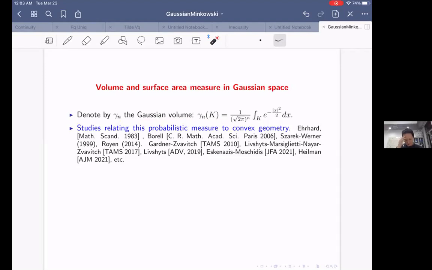I just posted part of them here. Some of them studied the Hardy inequality. That's a type of Gaussian Brunn-Minkowski inequality. And other people studied the Gaussian correlation conjecture, and it was solved by Royen. And Gardner and Zvavitch, about 10 years ago, posed a very interesting conjecture, another Gaussian Brunn-Minkowski type inequality.